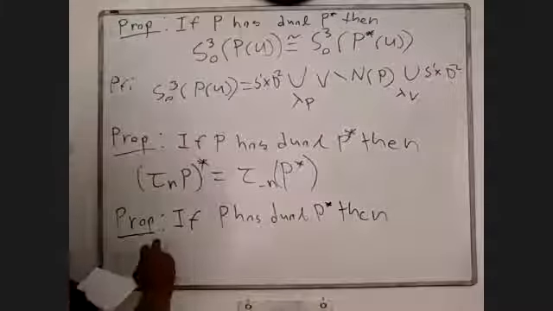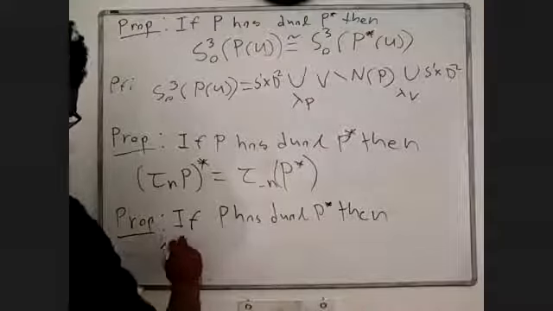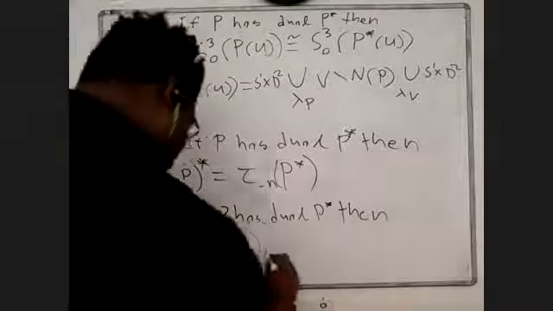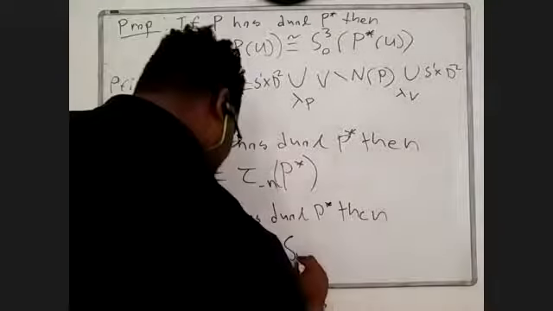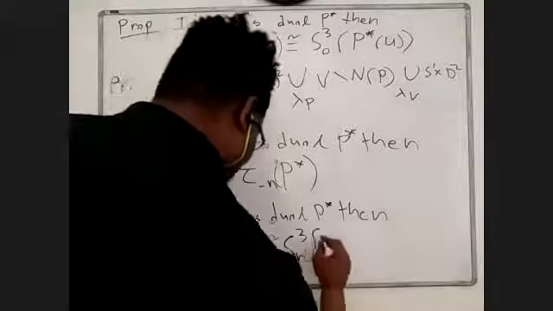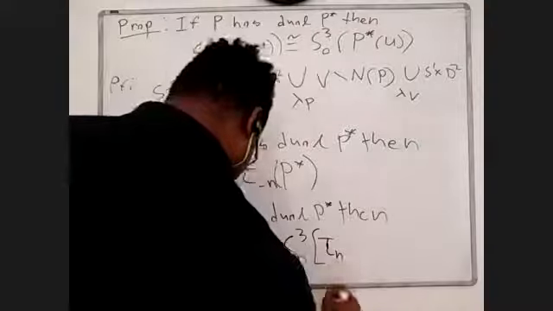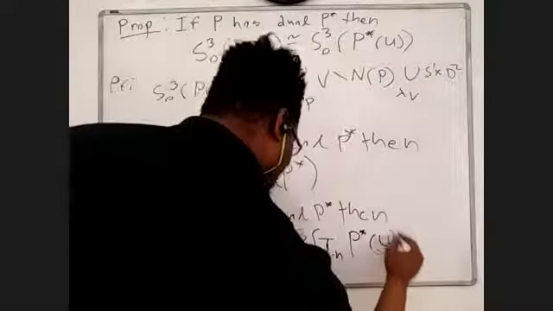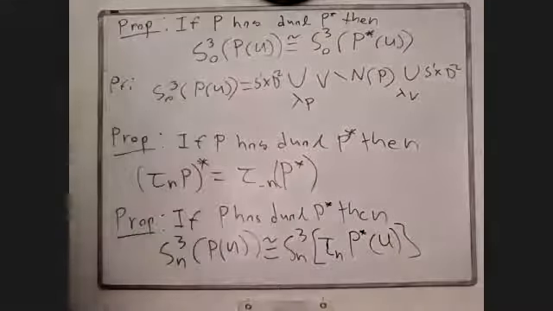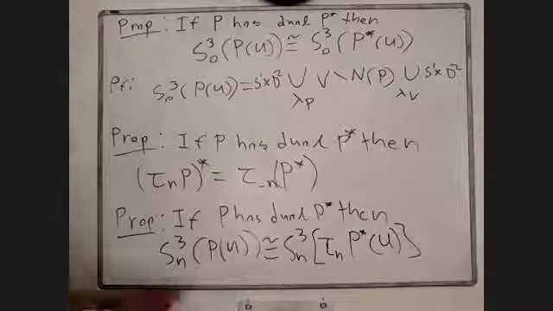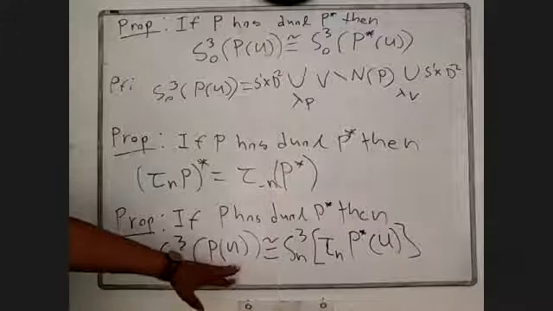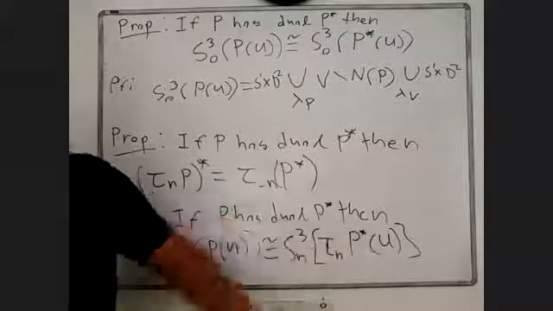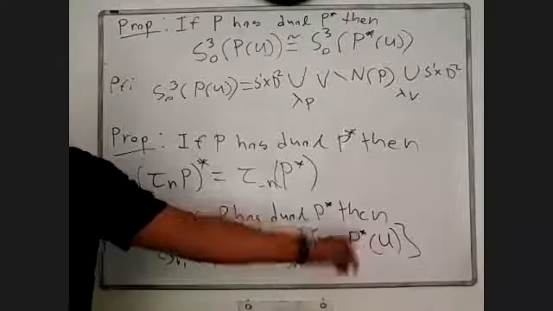We can relate the n-fold surgeries on these patterns. So if you have a dual, we can actually figure out the n-fold surgery on a pattern just by taking n-fold surgery on so many Dehn twists of the dual pattern.